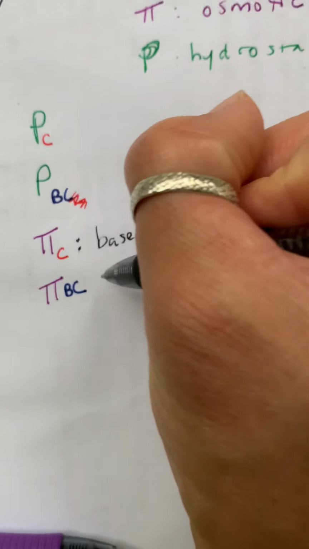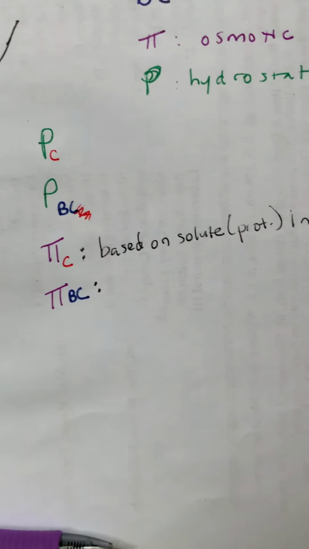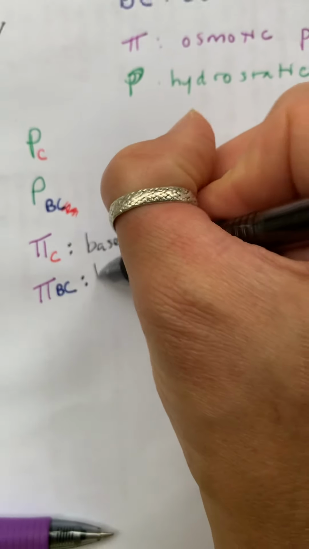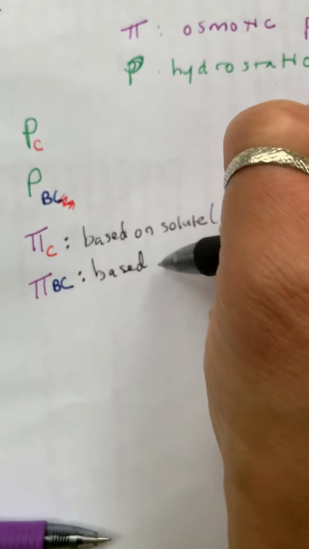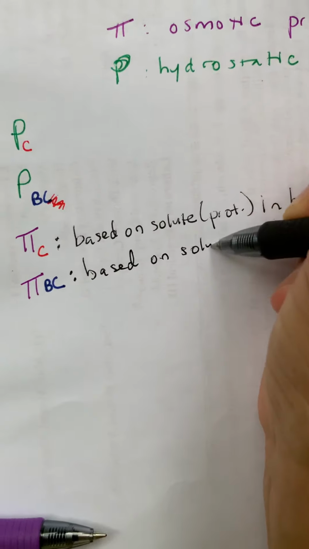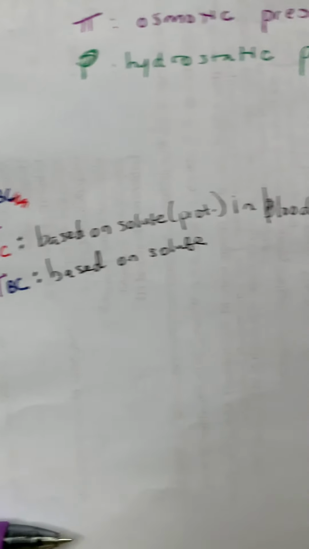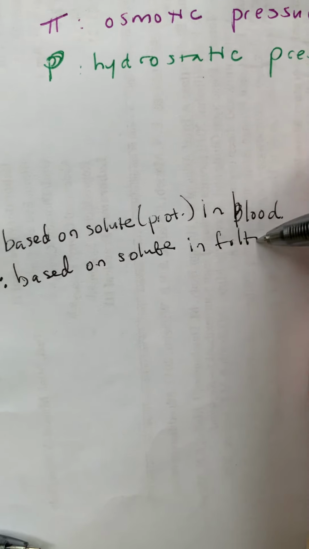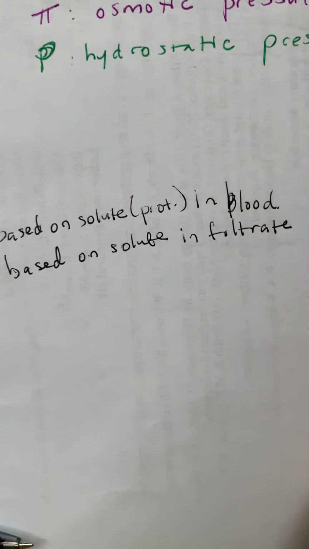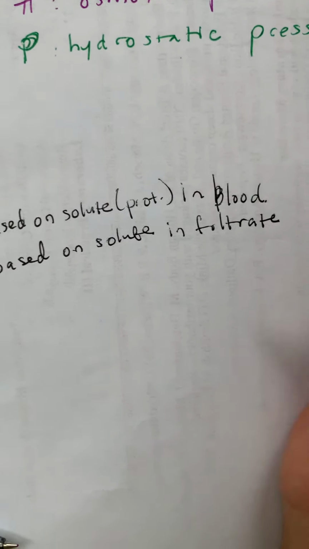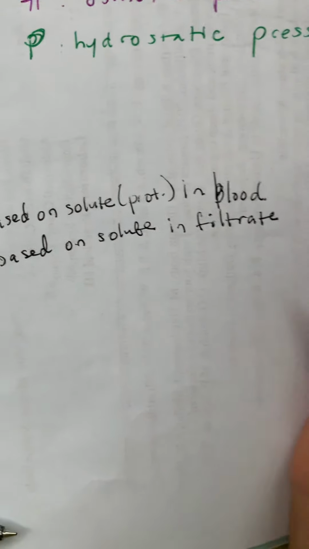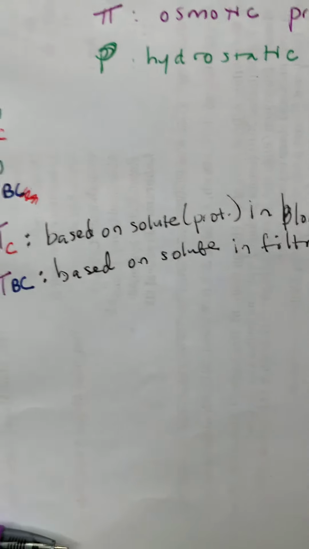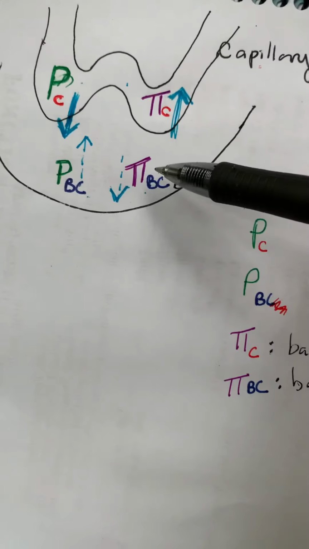And then osmotic pressure in the Bowman's capsule is going to be based on solute in the filtrate. And this would be before it goes down the proximal tubule. So it's just there temporarily in the Bowman's capsule in the filtrate after it's been pushed out into the Bowman's capsule, so out here.